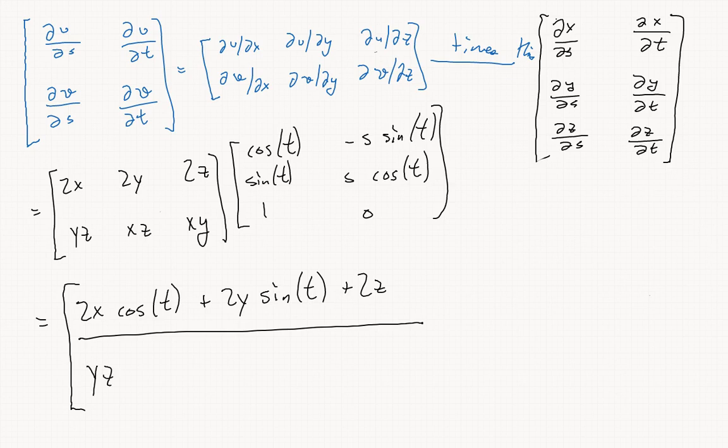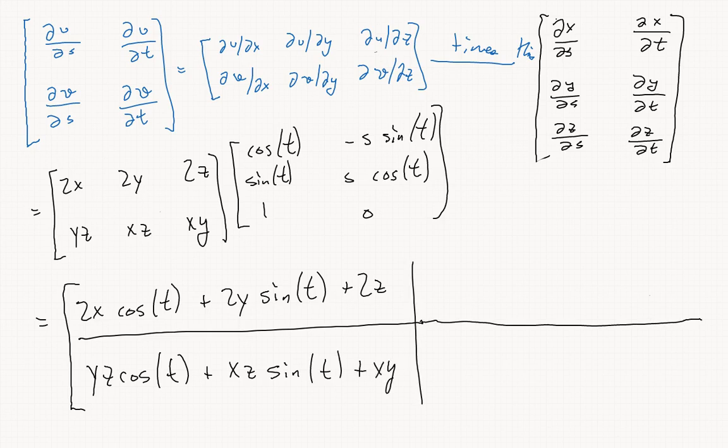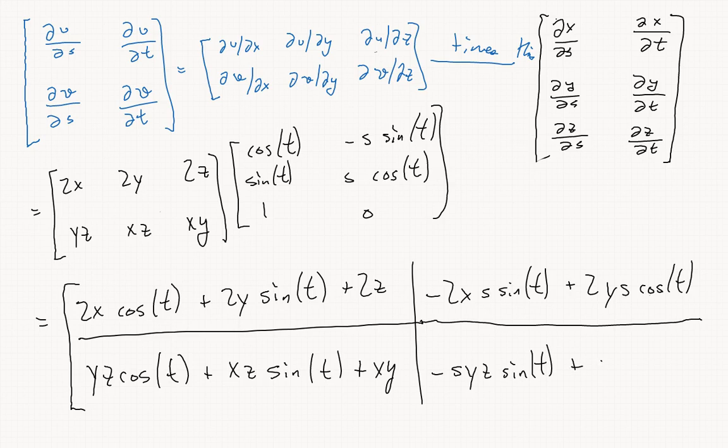Then yz cos t plus xz sine t plus xy. Then over here we'll have negative 2x s sine t plus 2y s cos t, and then the last one 0, and here we'll have negative s y z sine t plus s x z cos t.